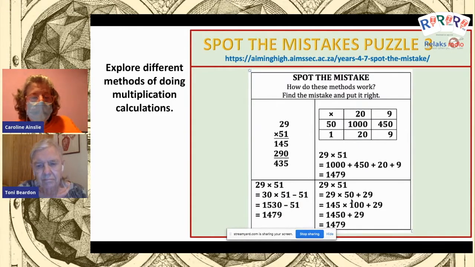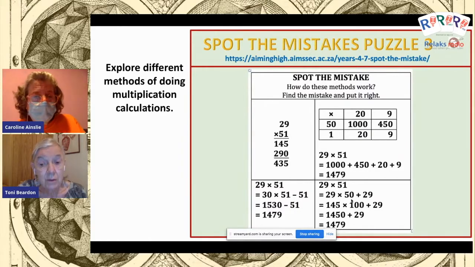And therefore you can absolutely validly say 29 times 50, and then add the 29, and that gives you 29 times 51. And all of these are based on having that fluency, having that agility with playing with the numbers. Again, you've got the other one of going upwards, going from 29 to 30, and then taking away 51. So you can go with what you feel most comfortable with.